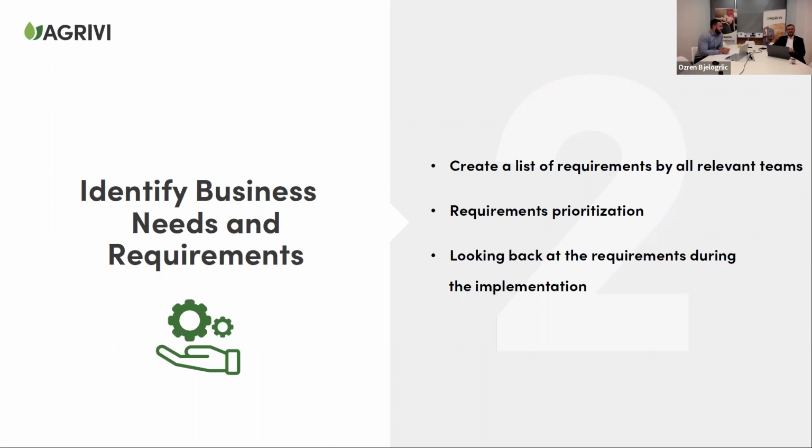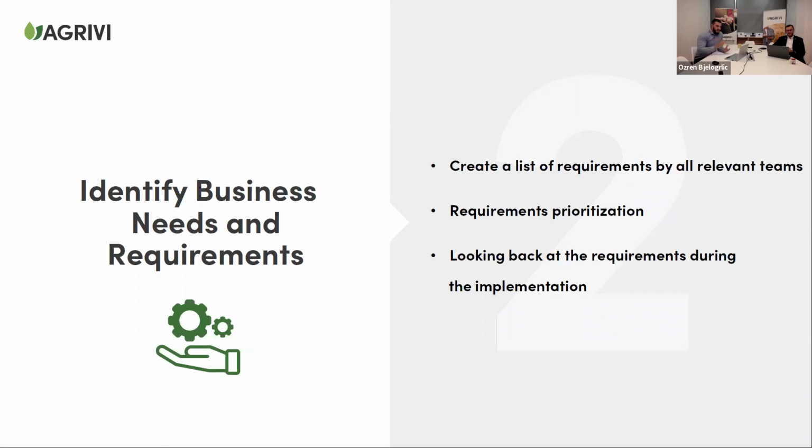And in the end, this will help in phasing out the project during the implementation, so that you can kick off the product with the processes that are of top priority, and then do the implementation later on in a phased approach. Yeah, we like to say that there is no perfect system. We just all have to be aware of what we go with, and how we prioritize our requirements and specific needs.